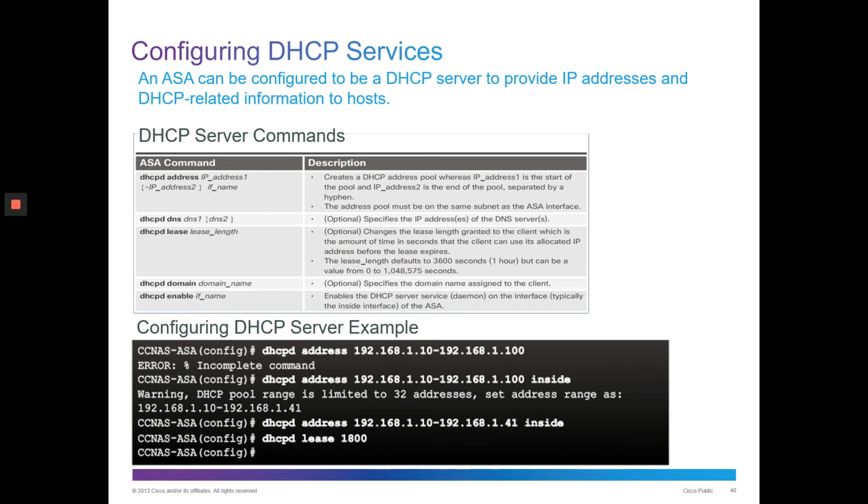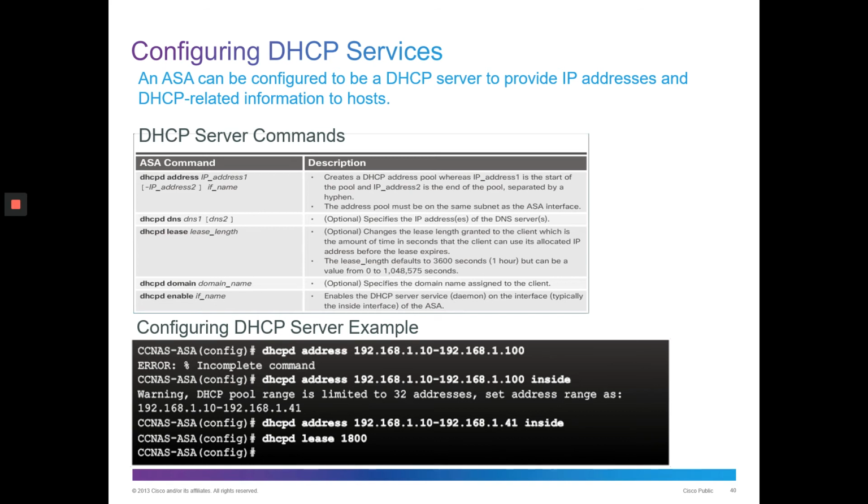Yes. So your DHCP server basically provides the IP configuration or network addresses for your devices. It includes your IP address, your subnet mask, your gateway address, and other information.